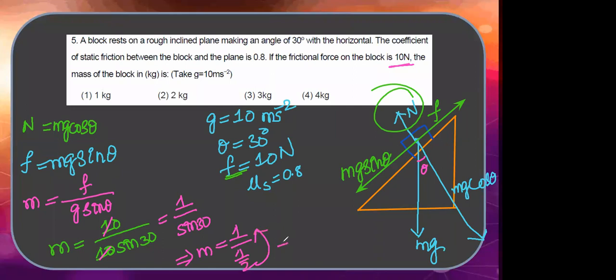It comes to the numerator. Therefore, m is equal to 2 kg. Right, this is the problem. Next problem.